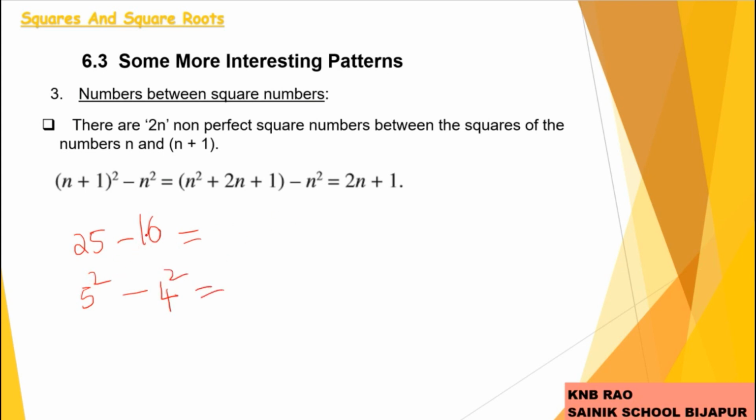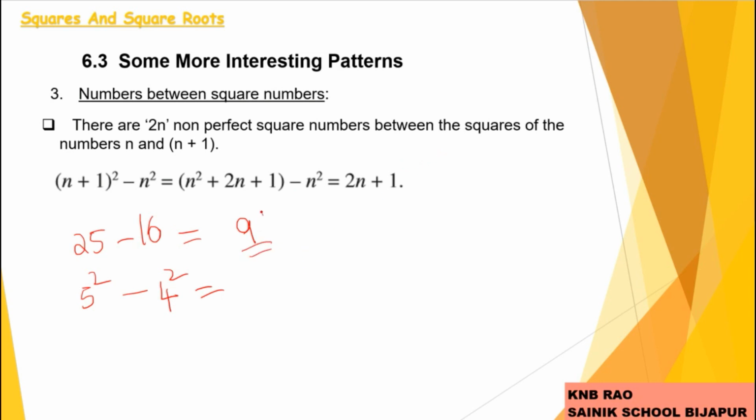You know 16 when it is subtracted from 25 gives us 9, which is helping you to tell how many numbers are there between 16 and 25.